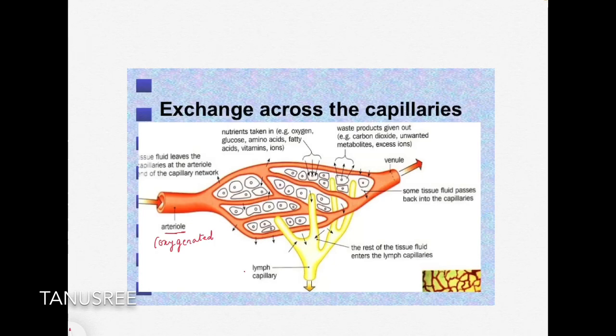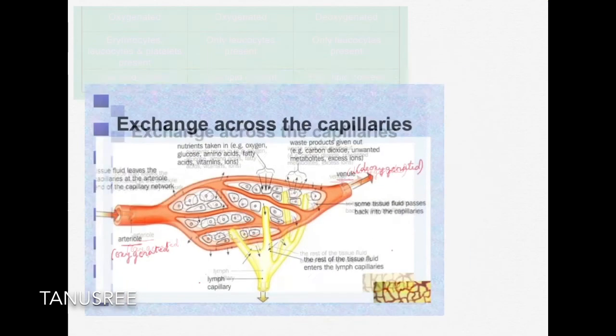But if they are unable to enter into the capillaries, then they will be moving into the lymph capillaries and then entering into the lymphatic system. The contents that had been emptied into the capillaries will again unite as the venule and carry the blood away as deoxygenated blood. So this is the total circulation which is taking place in the body tissues.